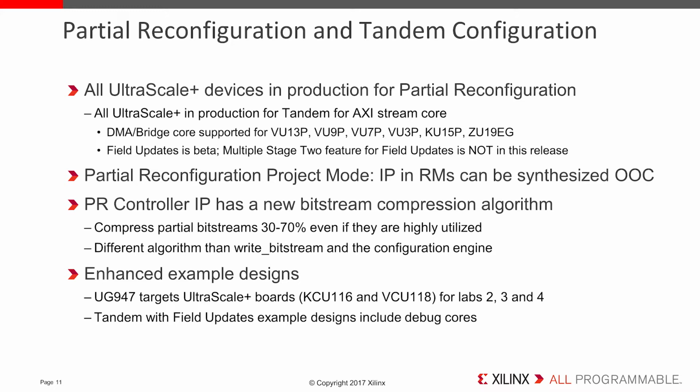PR controller IP now has a new bitstream compression option to compress PR bit files anywhere between 30 to 70%. This algorithm is different from what is being used for write bitstream and the configuration engine. And there are enhanced example designs for UG947 and Tandem with field updates designs.